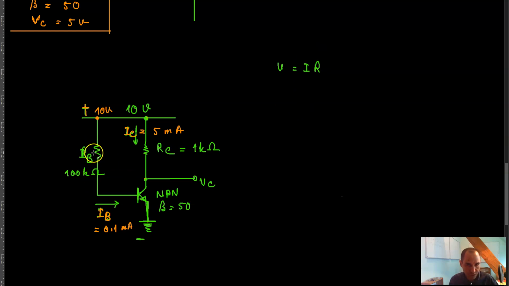Now, since the current is being decreased, of course you will get less collector current as well, because beta is equal to I of C to I of B, right? Now, since this is a ratio and beta is always constant, when you decrease I of C, you have to decrease I of B. When you increase I of C, you have to increase I of B as well.